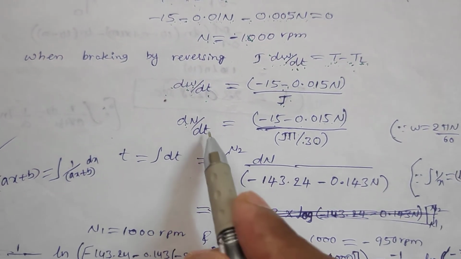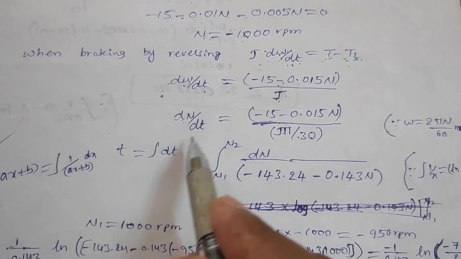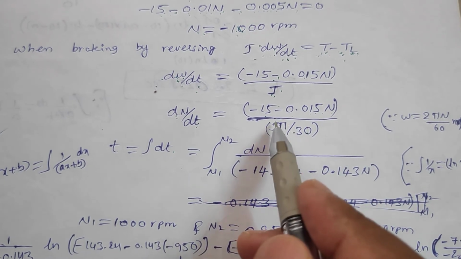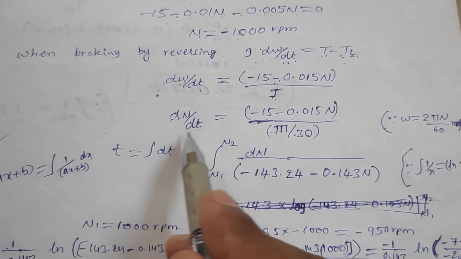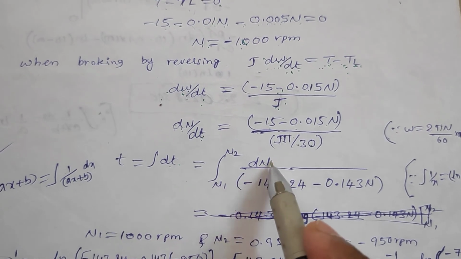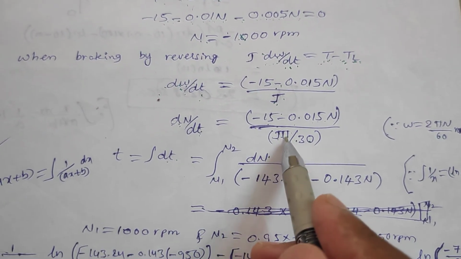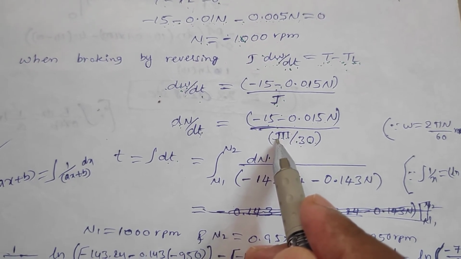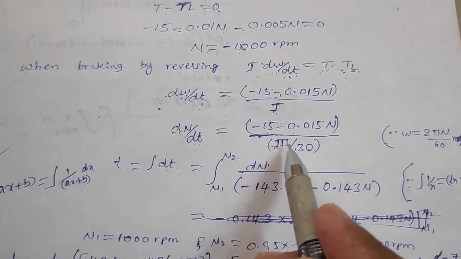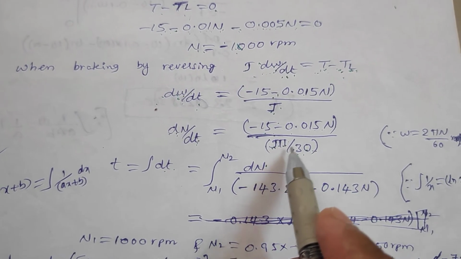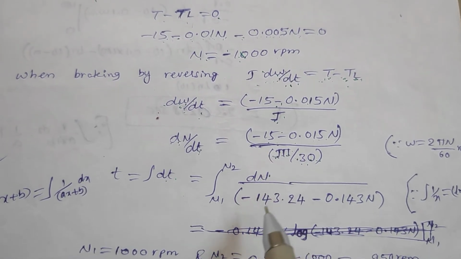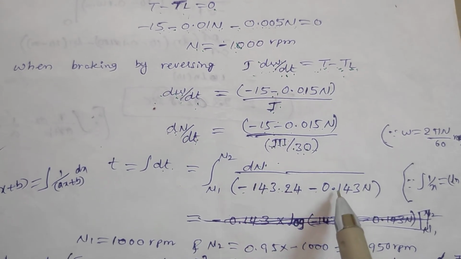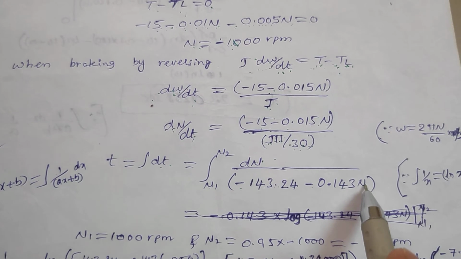If you rewrite this equation, dt will go to the other side and this entire component will come on the left side, so dt is equal to dn divided by these parameters. Here J is 1 kg meter square. By substituting J is equal to 1 kg meter square and pi by 30 and solving in numerals, we get dn by minus 143.24 minus 0.0143 n.